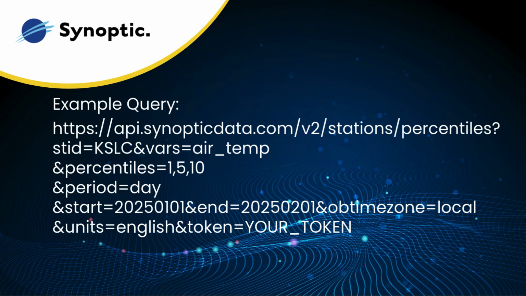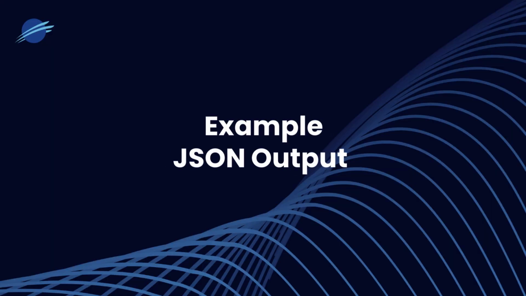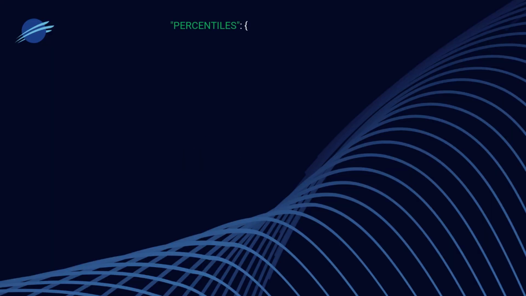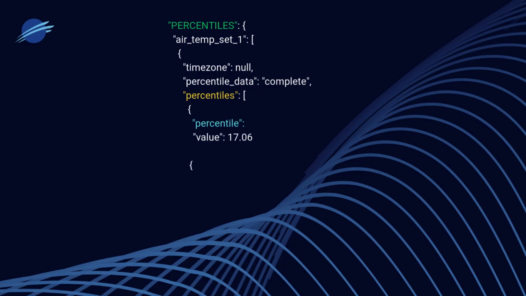The JSON output now displays percentiles for air temperature at KSLC for the month of January 2025 for the indicated 1st, 5th, and 10th percentiles specified by our query. These values indicate that 1% of observed temperatures were below 17.06 degrees Fahrenheit, 5% were below 24.98 degrees Fahrenheit, and 10% were below 30.02 degrees Fahrenheit for KSLC's historic record.